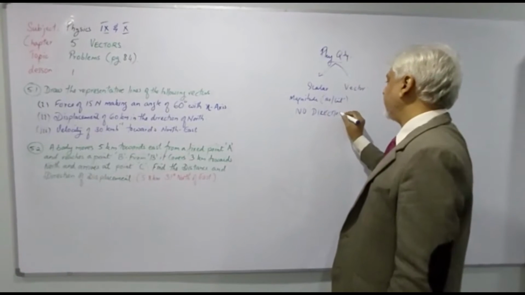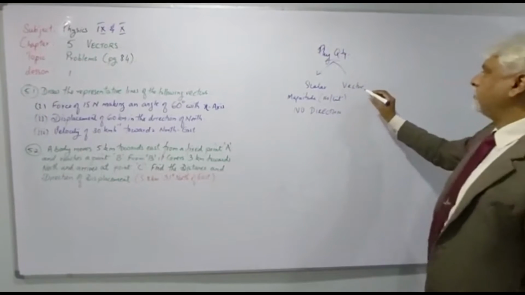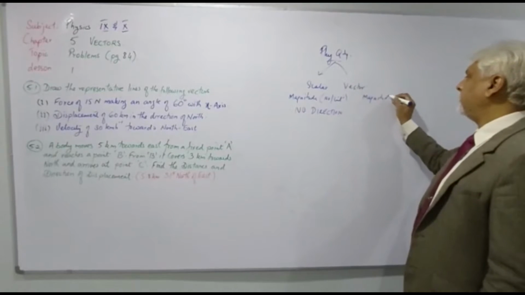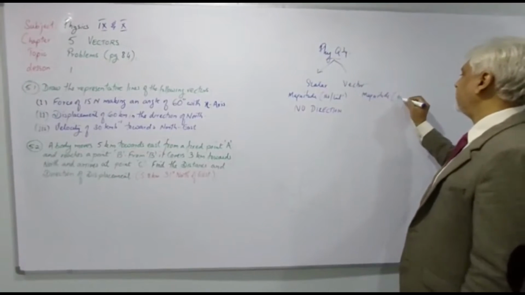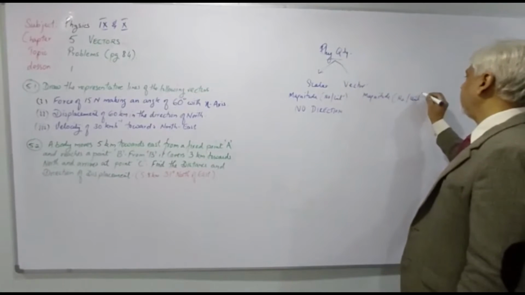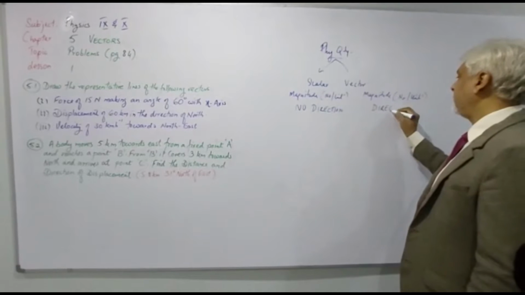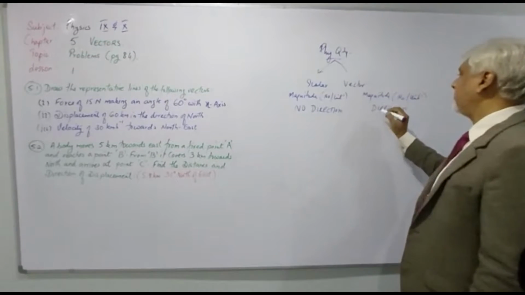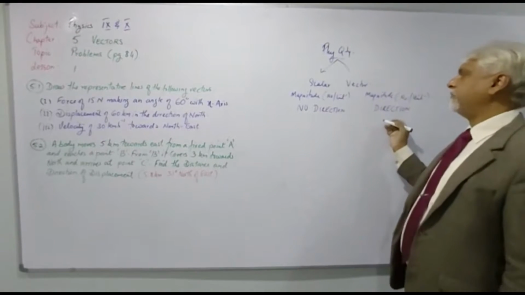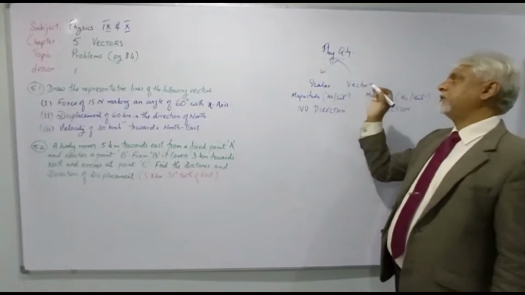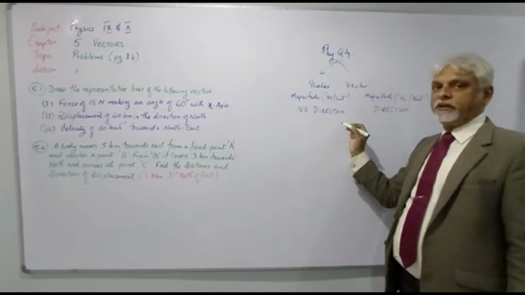Vector quantities have magnitude with numbers and unit for specification, and yes, they have direction. So those physical quantities which have magnitude as well as direction are called vector quantities. Scalar quantities have magnitude but no direction.